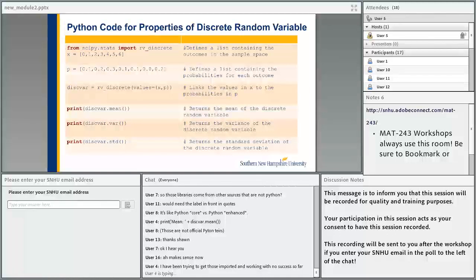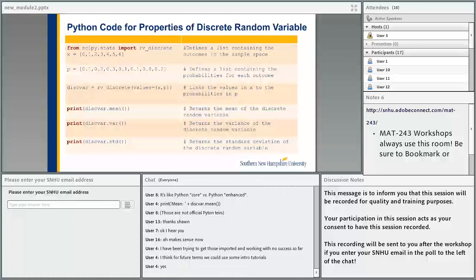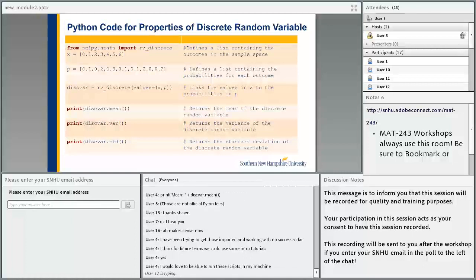So where are you trying to import them? Do you have Python on your computer and you're trying to import these? Okay, let me look into that, because I did try a few in PyCharm and it worked, but I will look into that.